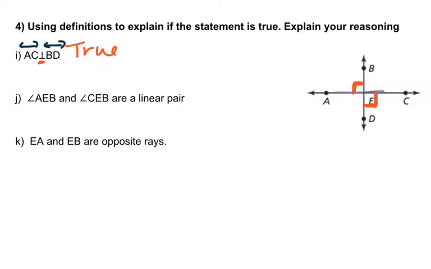And then this is a straight line. It is 180 degrees. If this is 90 and the whole thing is 180, then this has to be 90 as well. And it would go the other way as well if you looked vertically. Or you can just say they're supplementary. All of those angles are 90 degrees, so those two lines are perpendicular.